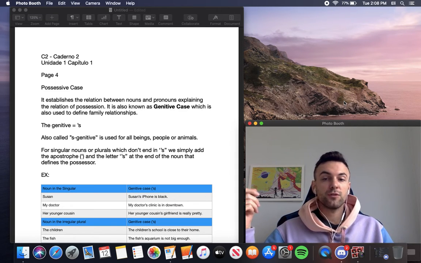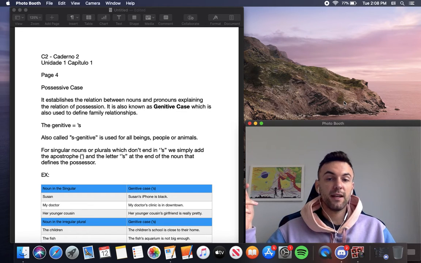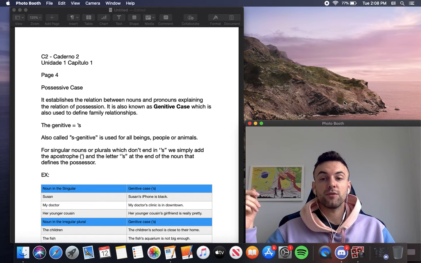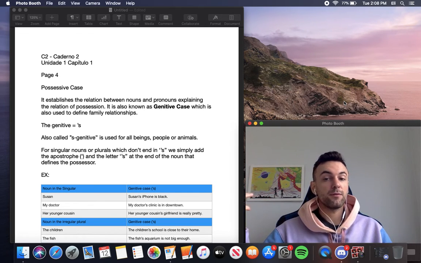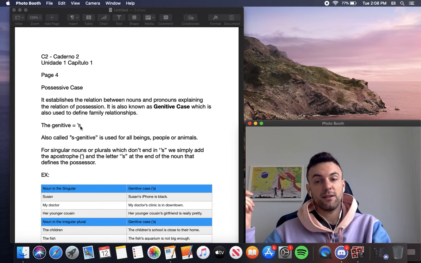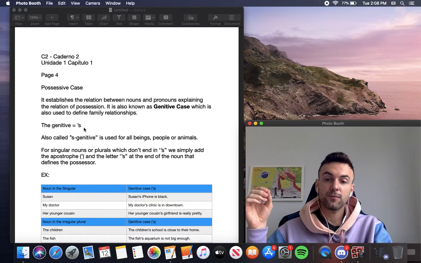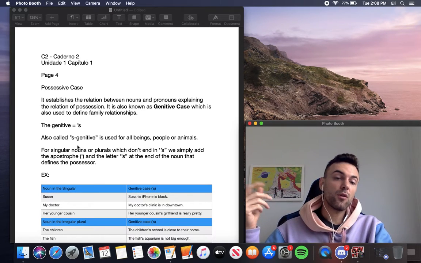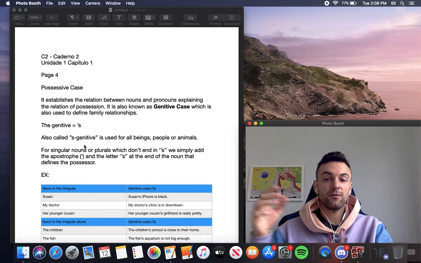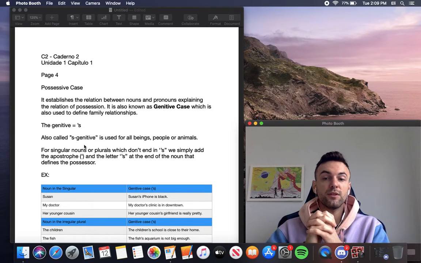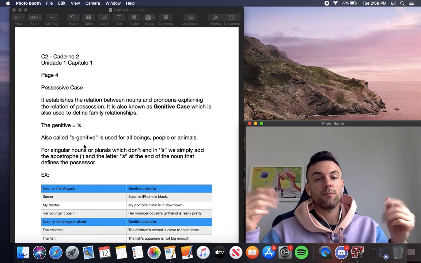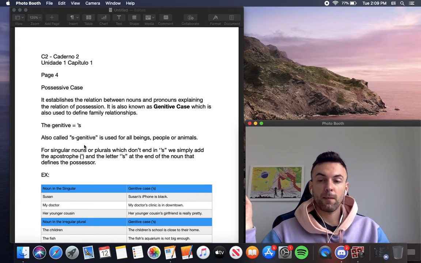It is also known as genitive case, which is also used to define family relationships. The genitive case, as I portrayed here, is equal to the apostrophe s, and it's also called the s genitive, and it is used for all beings, people, or animals.